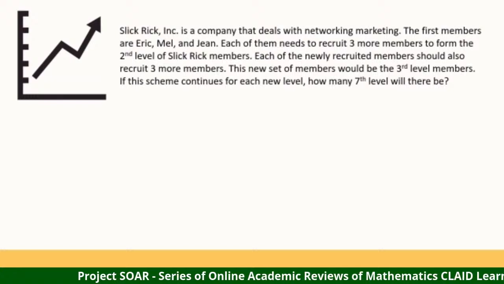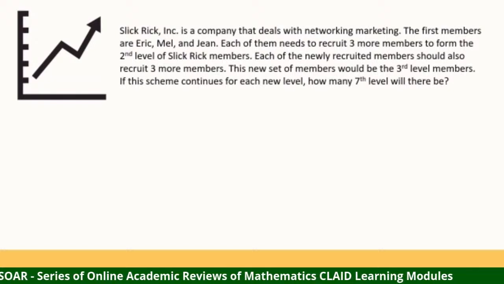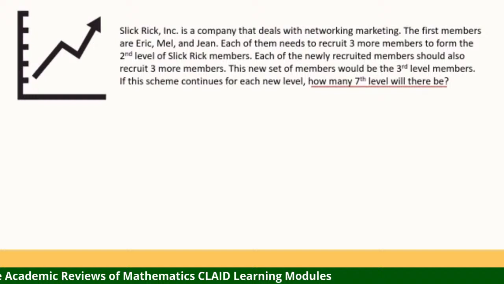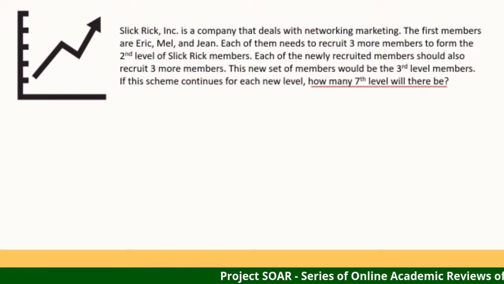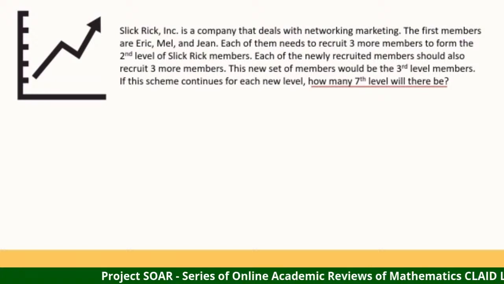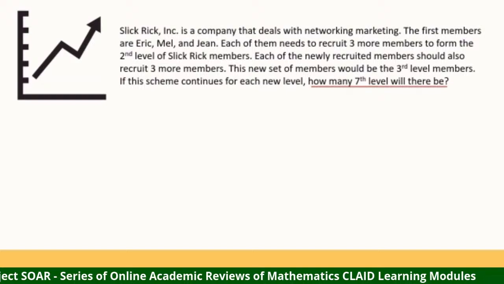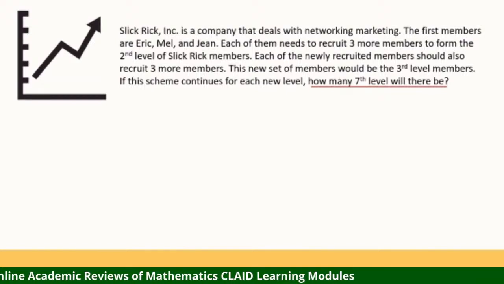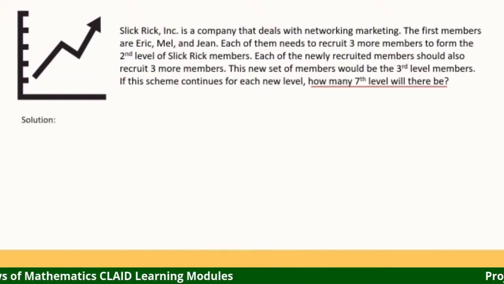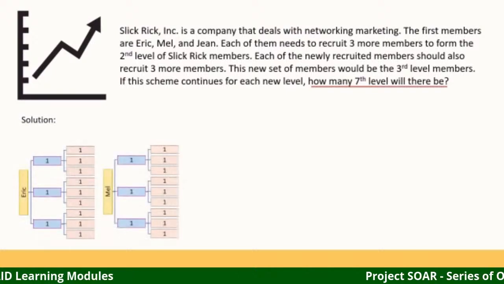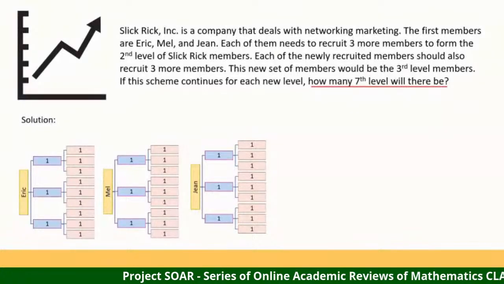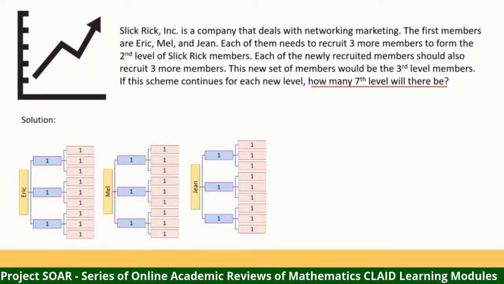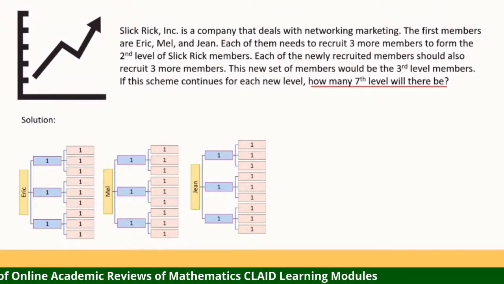So what is the problem? How many 7th level will be there? Okay, so hinahanap natin dito is ilan ba ang magiging tao ni Slick Rick Incorporation pagdating sa 7th level. Okay, so let's have this diagram. So, as you can see in the diagram, si Eric, si Mel, at si Jean ay ang mga first level na member.